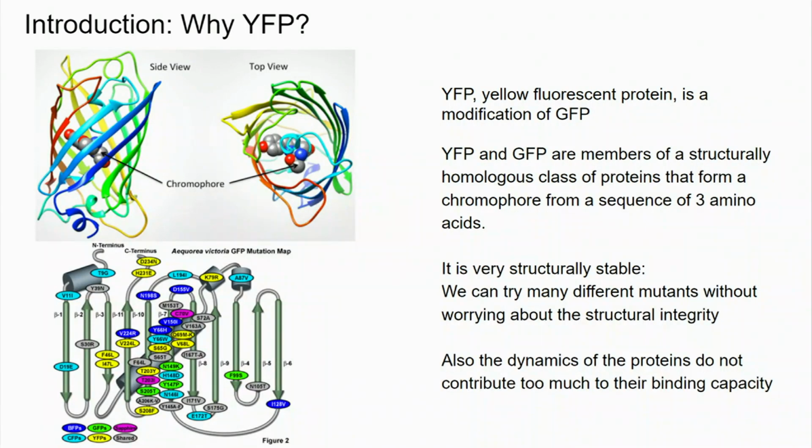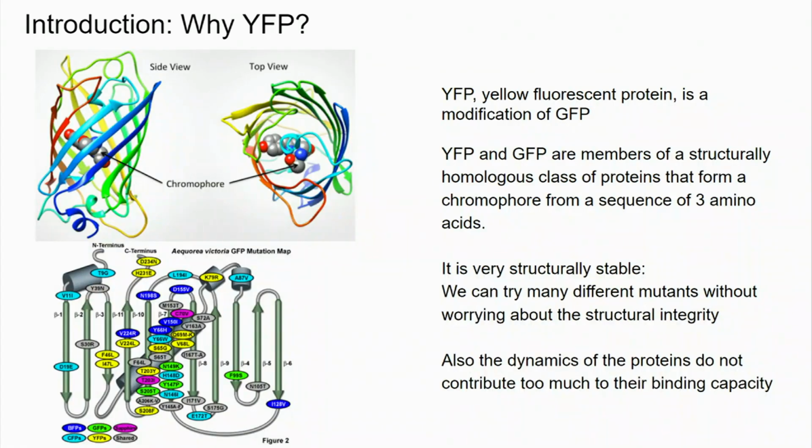YFP protein is yellow fluorescent protein. It's just a mutant of GFP, green fluorescent protein. Why do we want to use fluorescent protein? Because it has a special shape. From the picture, it's a barrel, and from the top view the inside looks like this shape.